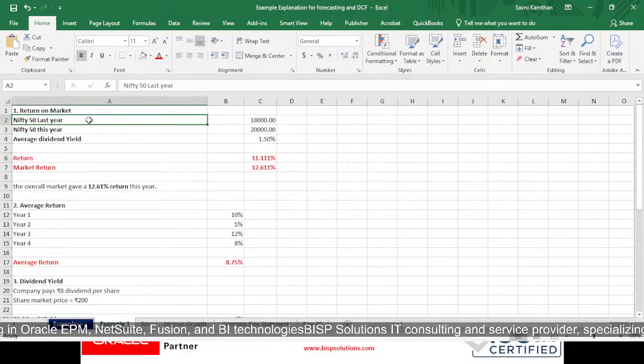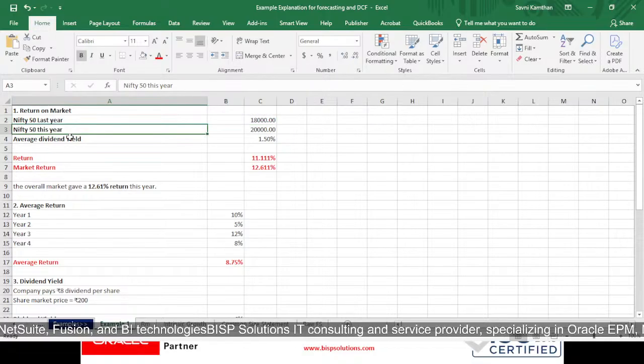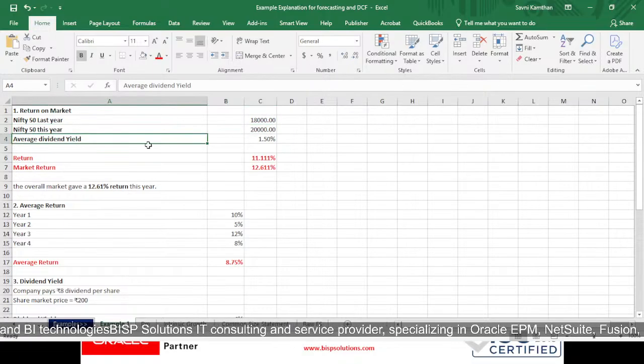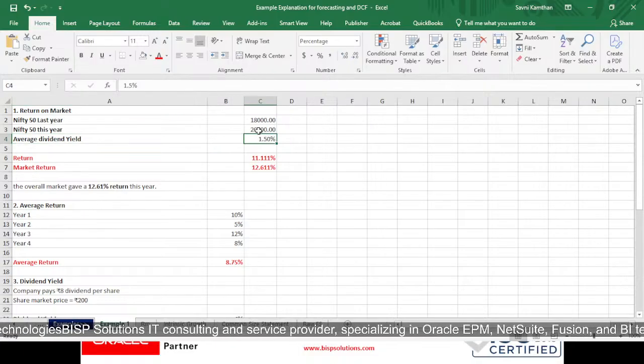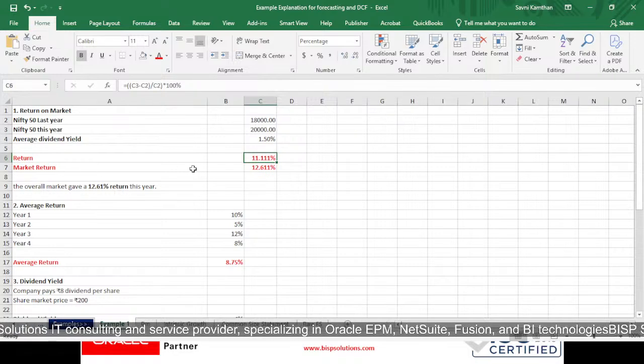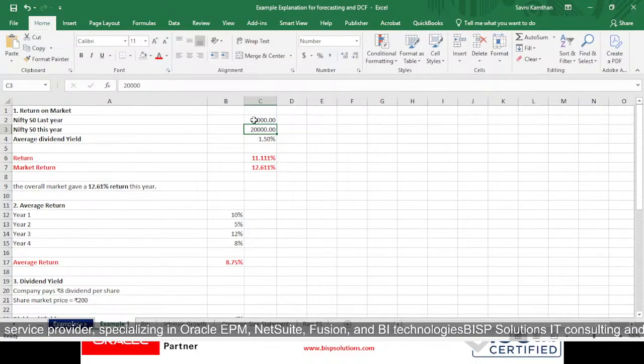Nifty 50 last year was 18,000 and Nifty 50 this year is 20,000. The average dividend yield we have calculated as 1.50. Now if we want to calculate our return, the formula as I said will be 20,000 minus 18,000 into 100 and divided by 18,000.